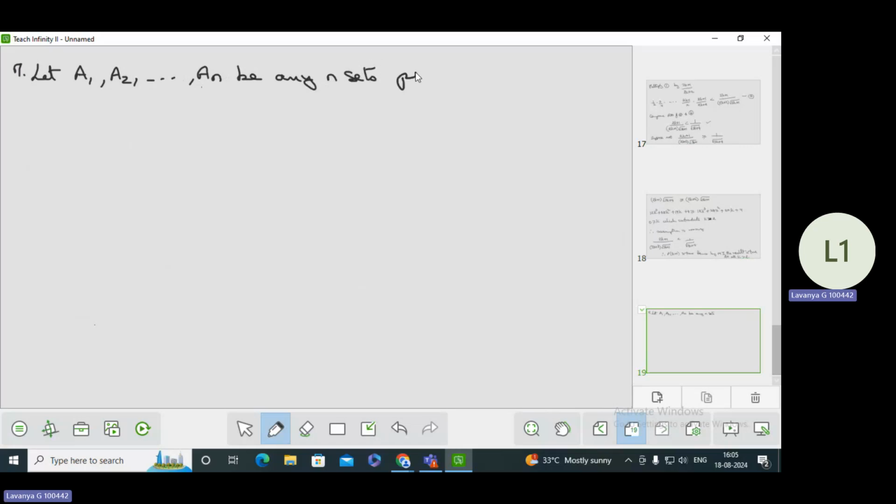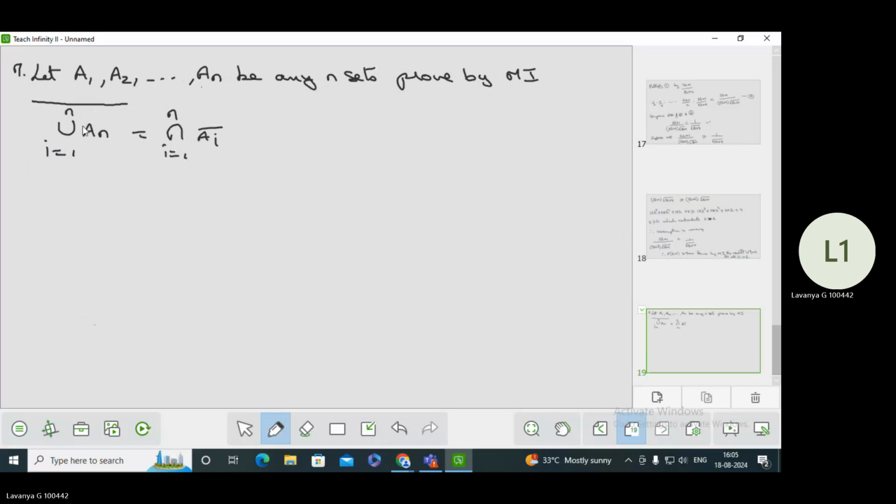Proof by mathematical induction: the complement of the union, i equals 1 to n, of Ai, I am representing the complement by a bar, is equal to the intersection, i equals 1 to n, of Ai bar.